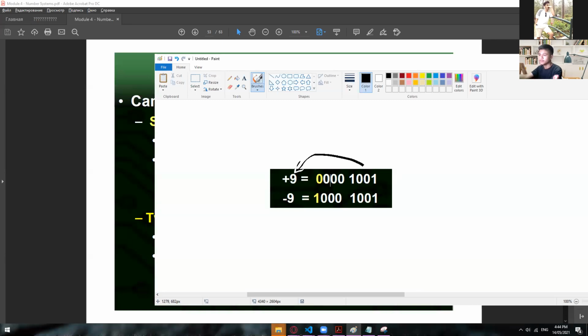Okay, however, if you want to represent that one in positive, we need another 4 bit wherein the most significant bit in here will be 0. Okay, that is why we have 0, 0, 0 right here. However, if you want to represent that number as negative, just make that most significant bit 1. So when we say most significant bit, it is the leftmost side. The less significant bit is the rightmost side, which is this one.